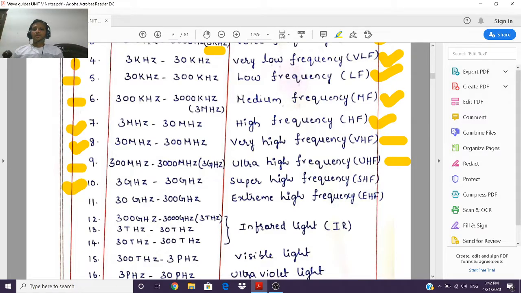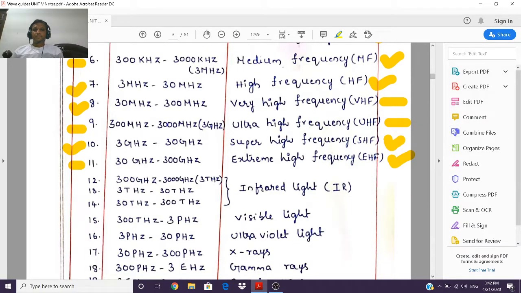Then 3 gigahertz to 30 giga is super high frequency, and 30 giga to 300 giga is extreme high frequency. Then 300 gigahertz to 300 terahertz: 3000 giga is 3 tera, then 3 tera to 30 tera, and 30 tera to 300 tera.